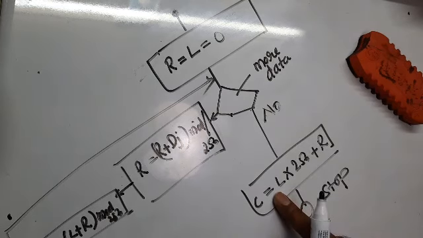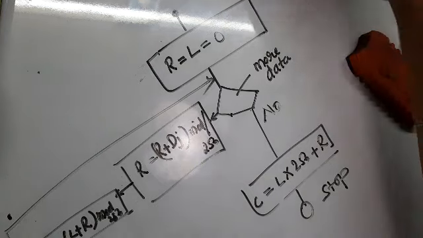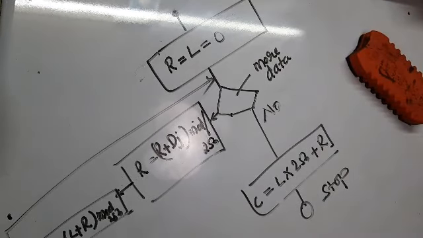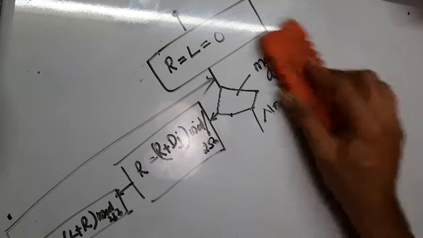Then we calculate the checksum, L into 256 plus R. So this is how we perform the addition. I hope it's clear. So this is Fletcher checksum. Right now I have shown you the flowchart of Fletcher. The same thing is extended to a 16-bit checksum.